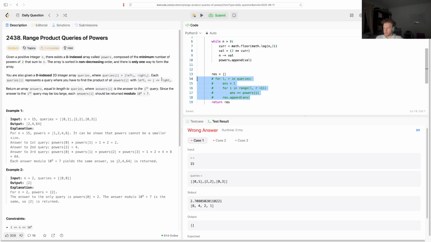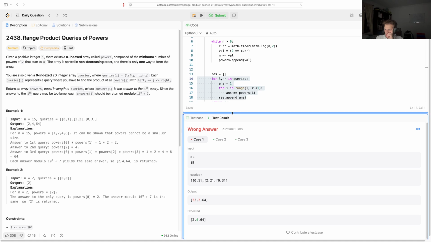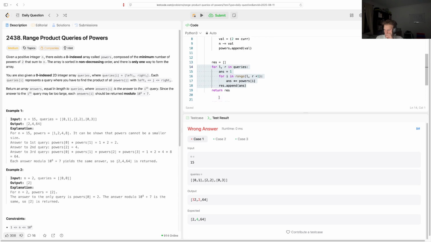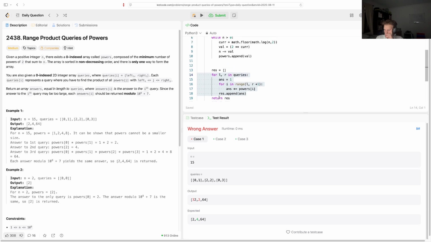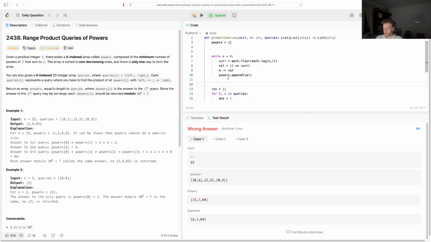Delete this. Now let's add back our original solution here with the second part. Okay, we're getting this right and this right. Now we're getting 32, right? Because we're doing it backwards.